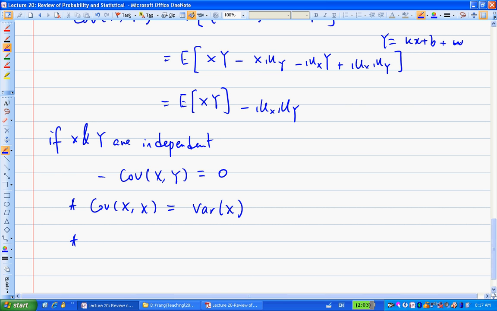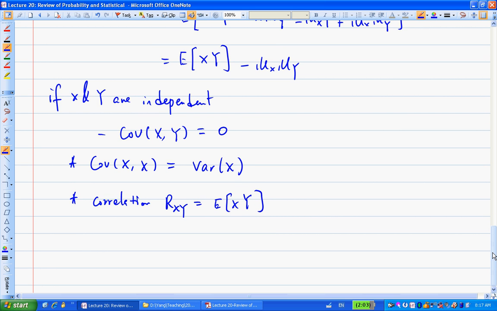Based on this covariance formula, this quantity here we define as the so-called correlation. So correlation, we call it R_XY, equal to E[XY]. And there's one more very important quantity, called the correlation coefficient.